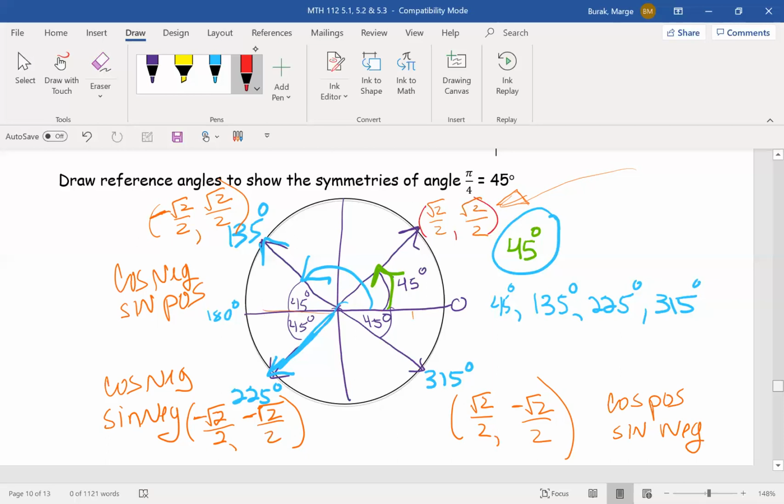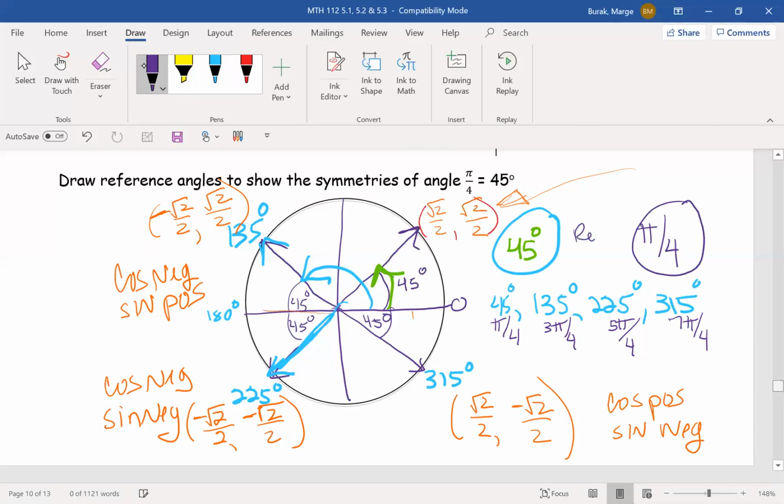Now let's talk about in radians. Let's do purple. So radians, this would be pi over 4, 3 pi over 4, 5 pi over 4, and 7 pi over 4. All of those angles in radians have a reference angle of pi over 4.